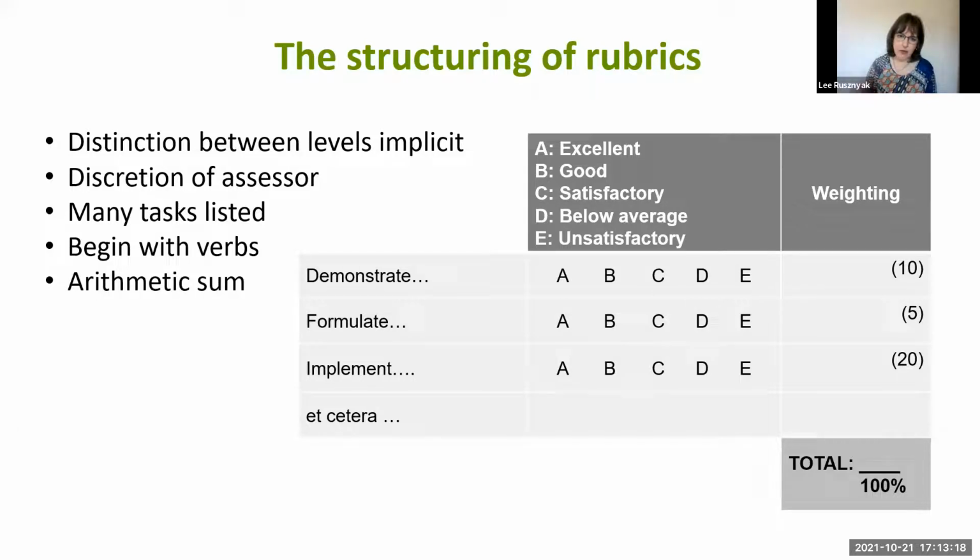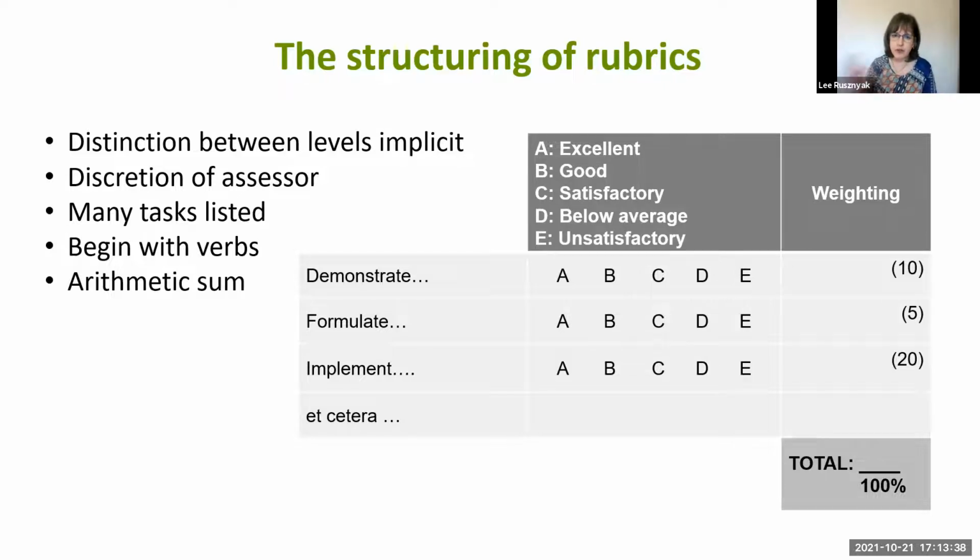Many of them began with verbs. The teachers got to demonstrate or formulate or implement whatever it was. And we found that for the vast majority of them, there was some kind of arithmetic weighting.